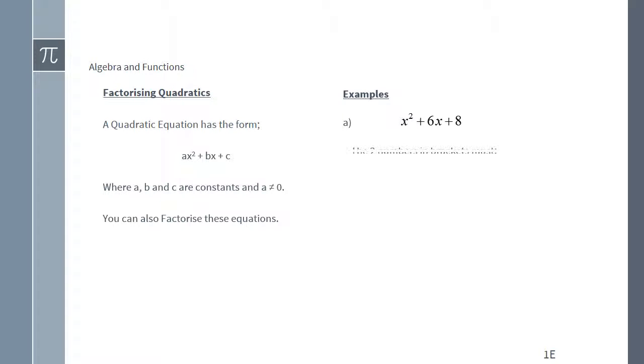If we want to factorise it, the two numbers in the brackets must multiply to give c, so they must times to give 8, and they must add to give b. So two numbers that times to be 8 and add to be 6. 2 and 4.